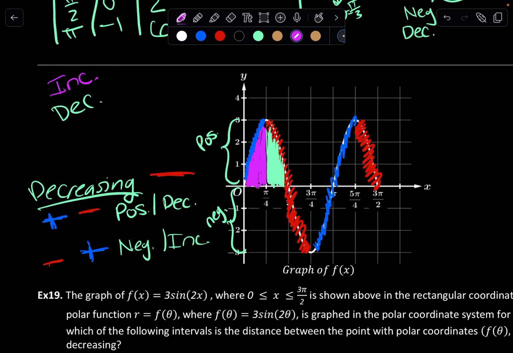When we cross at pi over 2, the curve is now negative and the slope is decreasing, so we are getting further from the horizontal axis, aka the pole. And then again, we are switching back. Now it's decreasing because it's negative and the slope is positive. And then from here, the radius is going to be increasing because now it's getting further from the pole or the horizontal axis. And finally, we have it decreasing here, okay?